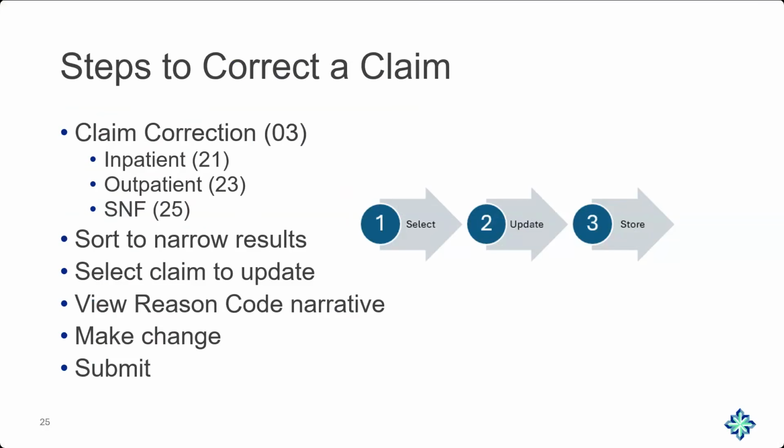This is going to give you then a list of claims to choose from. And then from there, you can sort to narrow your results. You'll select the claim you want to update, view the reason code narrative if you don't already know what it's trying to tell you, make the change on the claim that's needed, and then submit the change to update the claim by pressing F9.